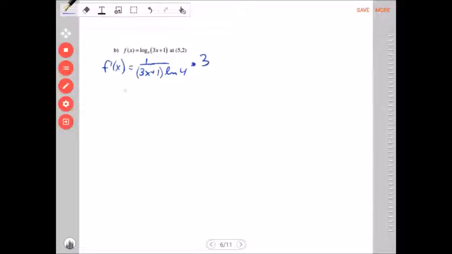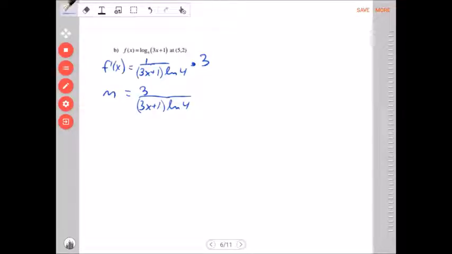Okay, so our slope is 3 over 3x plus 1 times ln 4. Okay, again, we'll leave it like that. Okay, that is the equation for the slope of the tangent line.